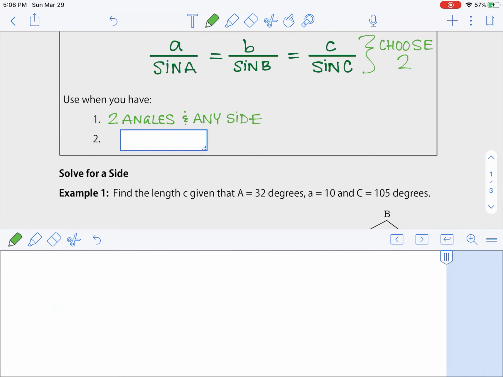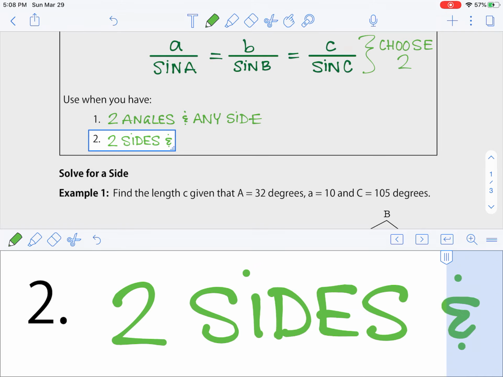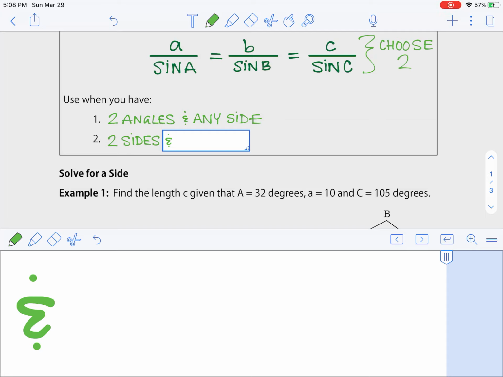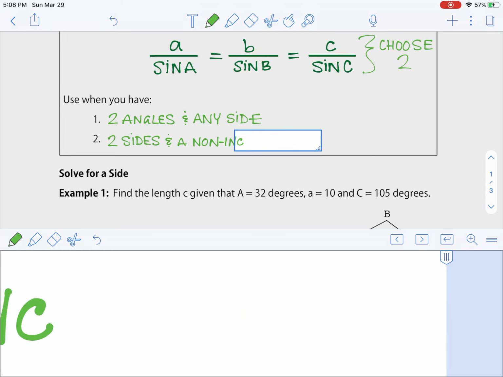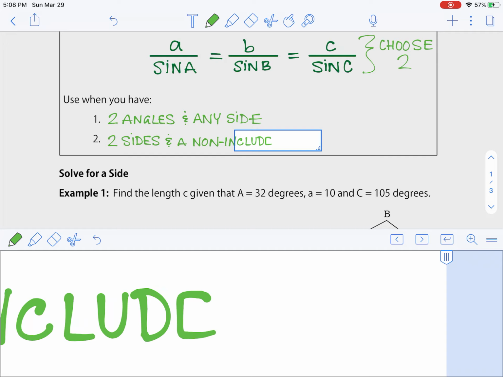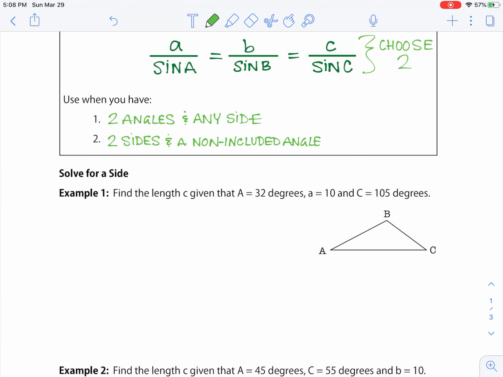All right, our second situation where this works is if we have two sides and a non-included angle. All right, and we'll discuss what those situations might look like.